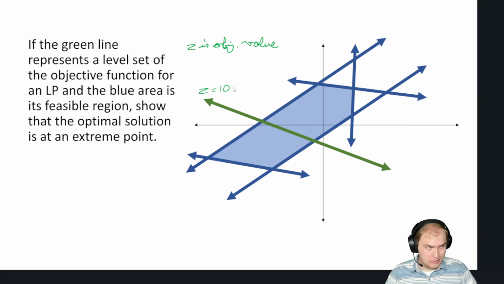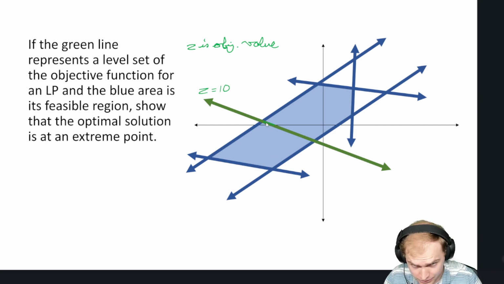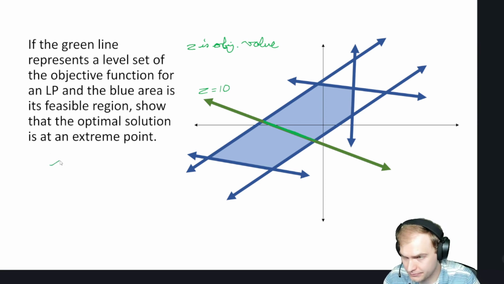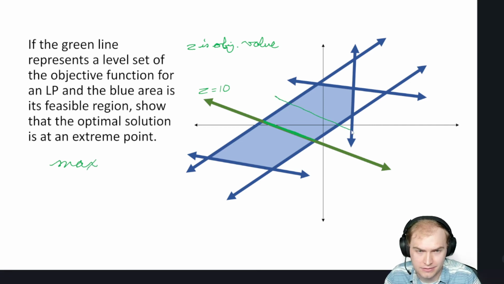That's what that green line represents. So for every solution on this line in our feasible region, the objective function value is 10. And let's say we're trying to maximize. And let's say that this is the level set for z equals 11.